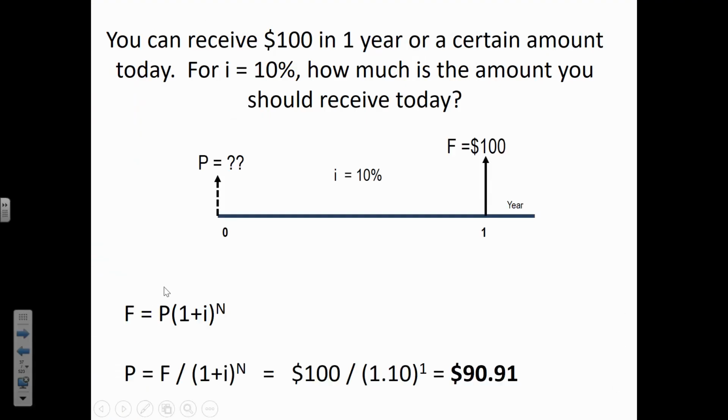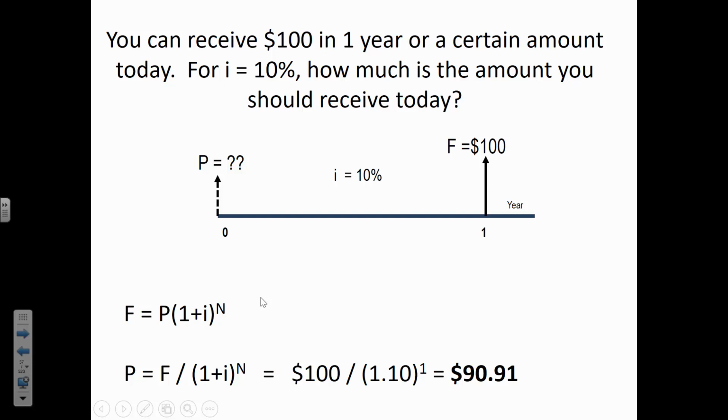So here's the formula, and we do the substitutions, then we can calculate. We need to make it 90.91 so that after the 10% interest is added on, it will be 100. So 90.91 times 1.1 will be $100.